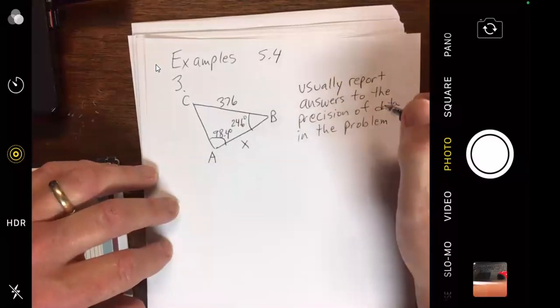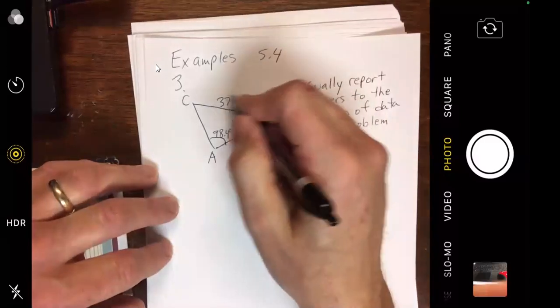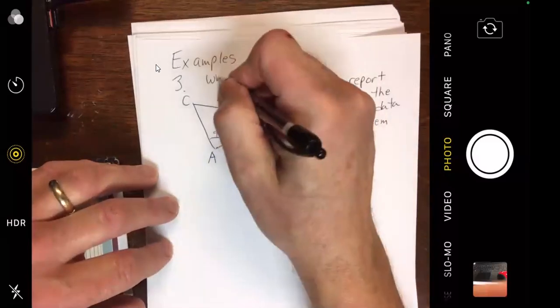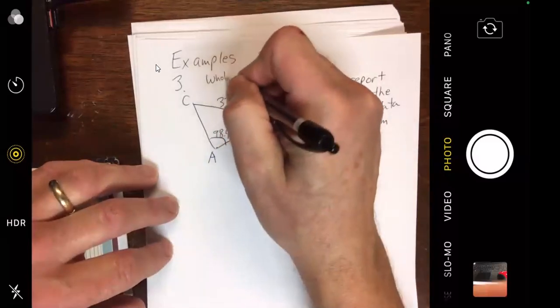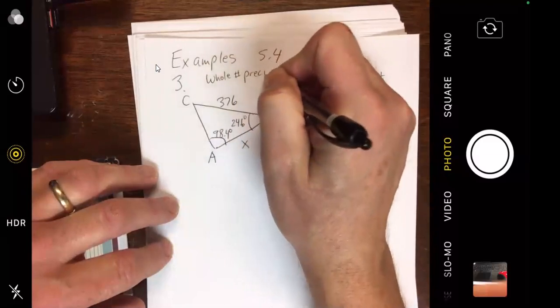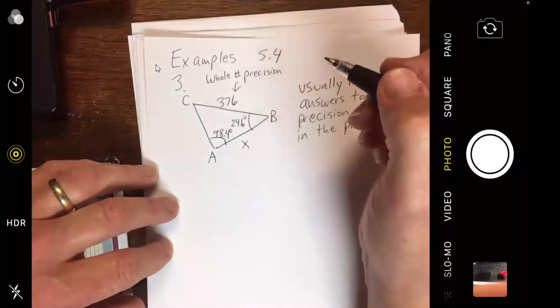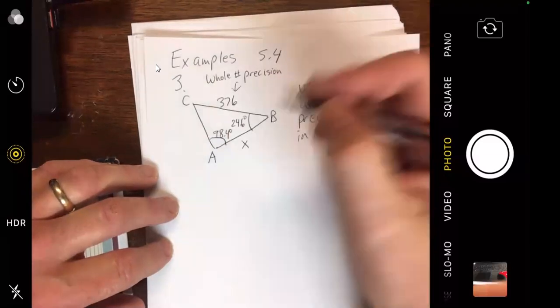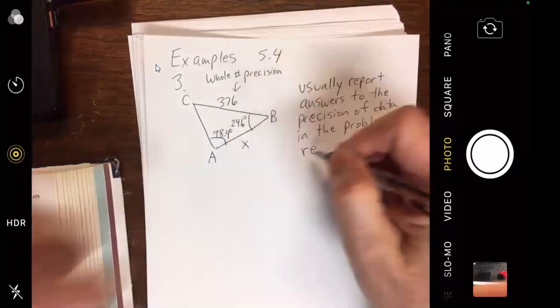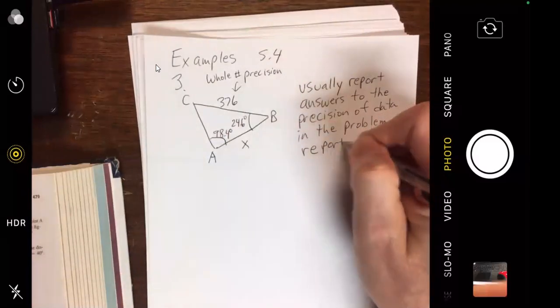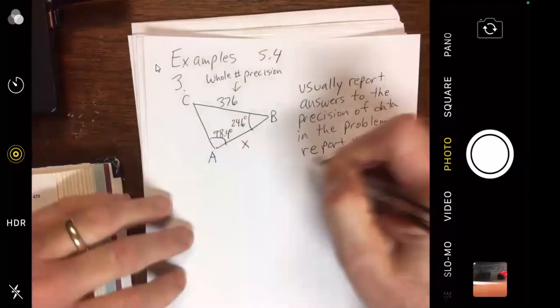So this is whole number precision on the sides, so I'll report the answer to whole number precision.